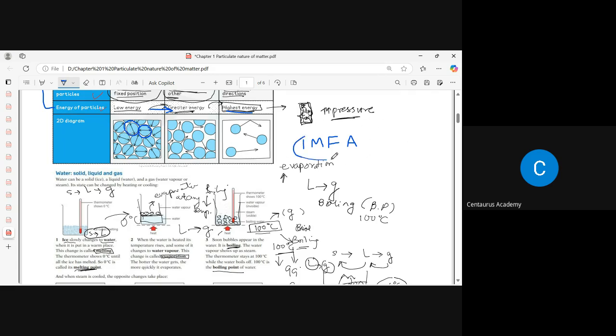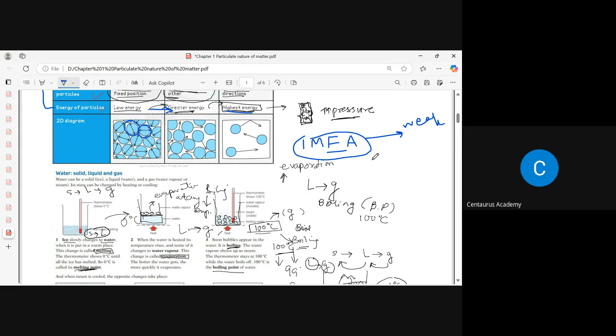If these forces of attraction are overcome and broken, or these intermolecular forces of attraction get weak, what happens? The change of state will take place. How? Because the structure of the state of matter will completely change.